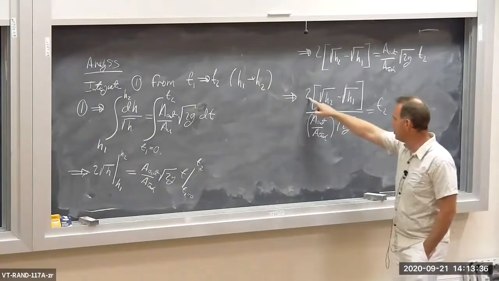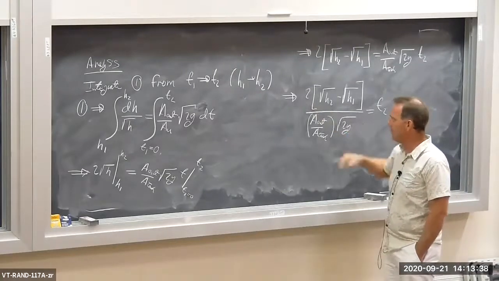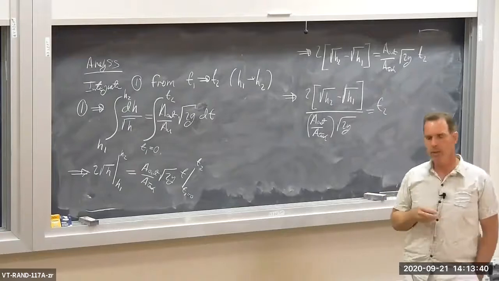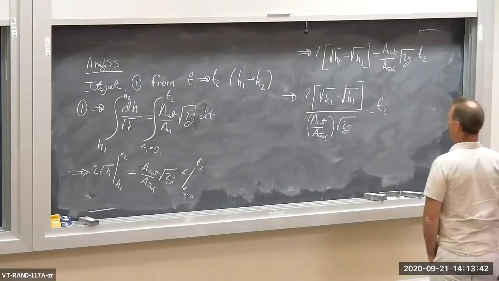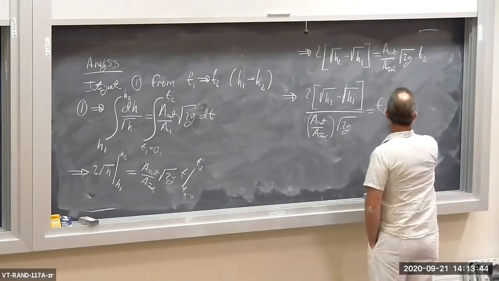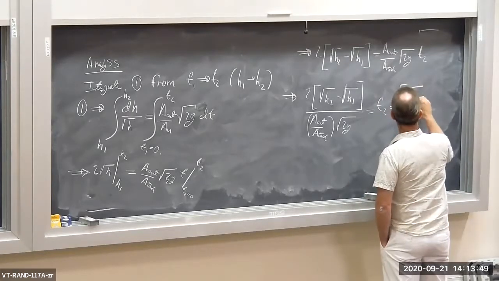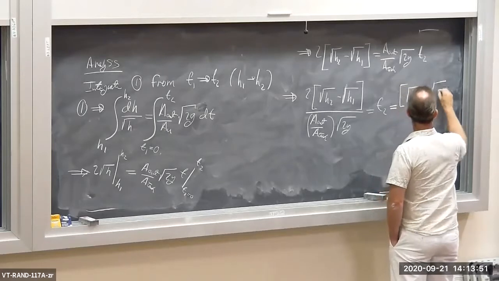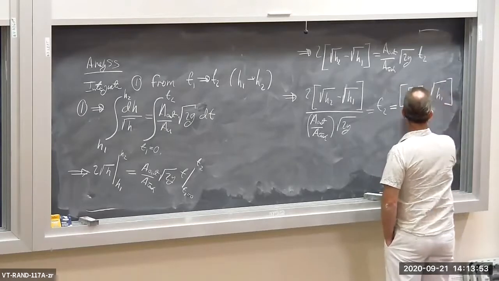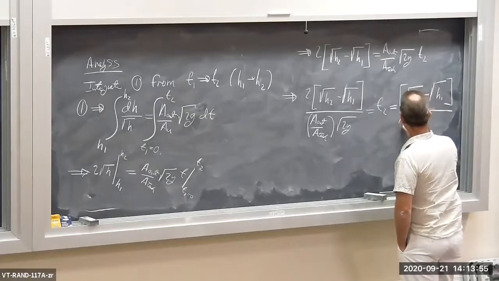Let's get rid of this 2 here. This doesn't look good. Let me divide top and bottom by 2, and I get square root h2 minus square root h1, and then I get what?